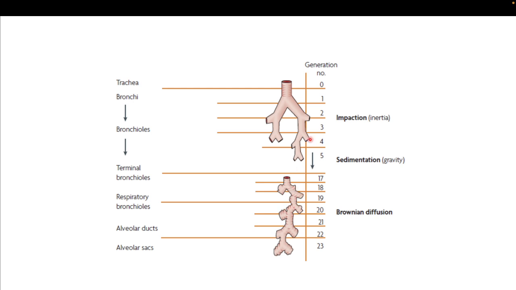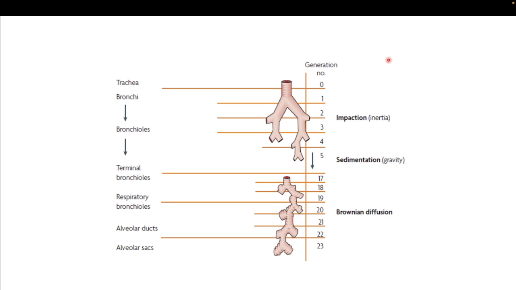On the other hand, if your particles are very, very small, let's say even smaller than 1 micron, then because they are very light in nature, very low in density and mass, during exhalation most of these particles will come out. Even if it's a very small particle, it won't be deposited in this alveolar region.